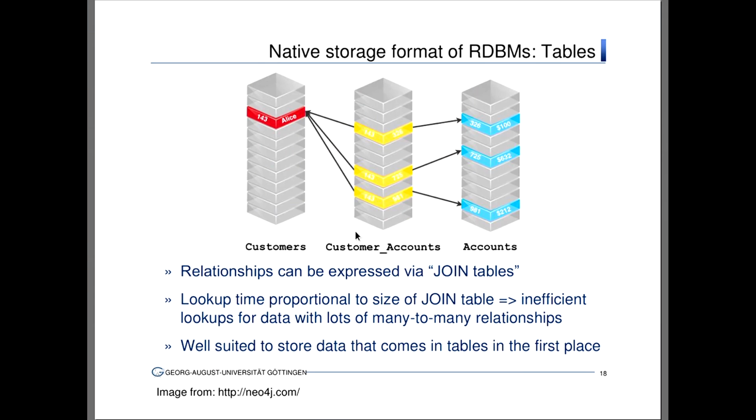Now, why are relational database management systems not the right choice here? Well, as I already said, the underlying data structure that's being used here is the table. And the most obvious problem is that if you want to create relationships between nodes, as you have in a graph, right, just arrows from one node to another, edges, then what you typically do, so pretty much all you can do, is create a so-called join table.